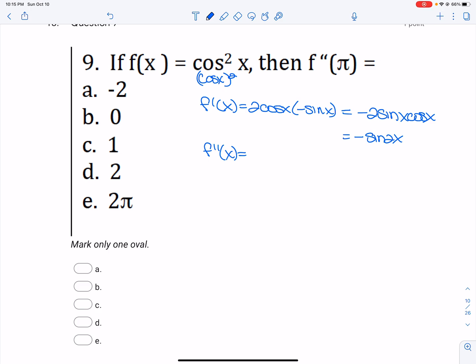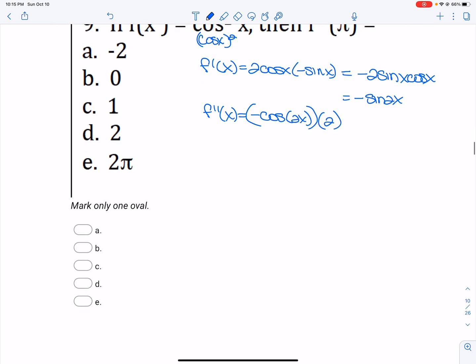So that is negative cosine of 2x times the derivative of 2x, which is just 2. So then I want this at pi, so I want negative 2 cosine of 2 pi. Cosine of 2 pi is 1, so this is just negative 2.